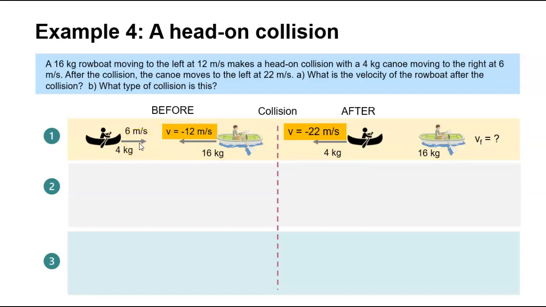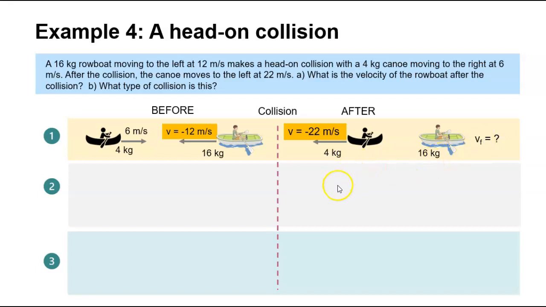It's conceivable that the boat smashes into the canoe and makes the canoe go backwards, and the boat also continues to go to the left. But it's also conceivable that the boat could smash into the canoe and make the canoe go to the left, and then maybe the boat bounces back and goes to the right. So I don't know. If I get a positive answer, I'll know the boat goes to the right, and if I get a negative answer, I'll know the boat goes to the left.